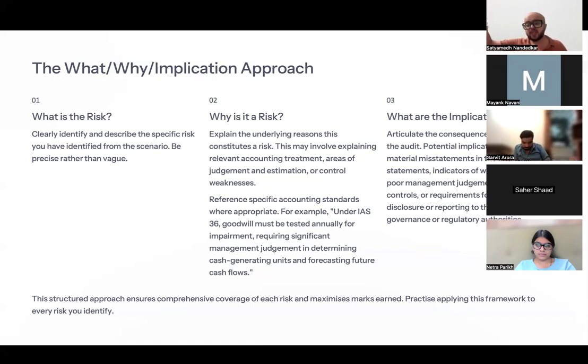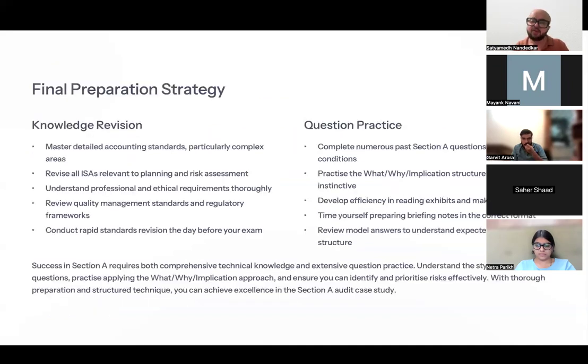And when I say implications, आप specifically बोलो इसका financial statement पे क्या impact होने वाला है. ठीक है. So what is the risk, description of the risk, justification of why is that a risk area, quantum and implication. जब आप ये करेंगे तो you will, every risk that you describe has three components or rather four components including the quantification.